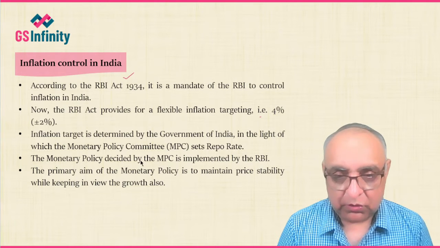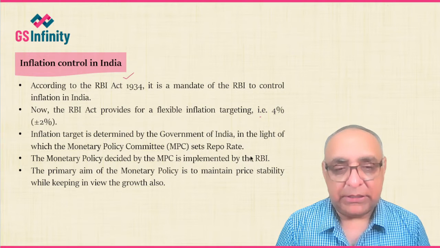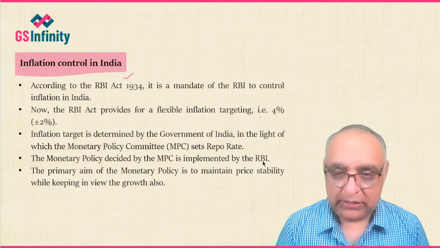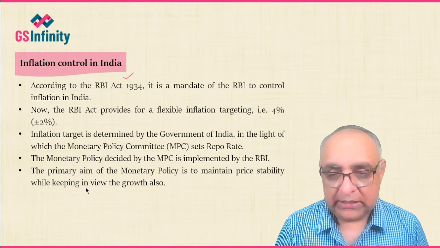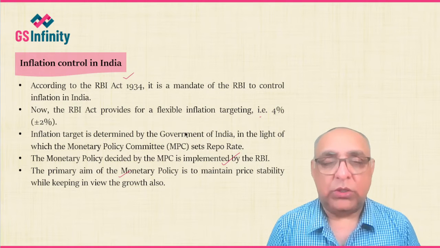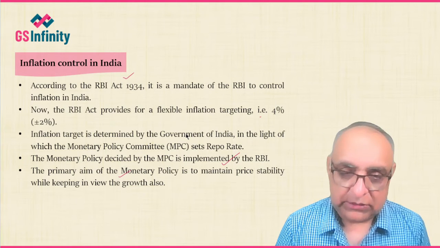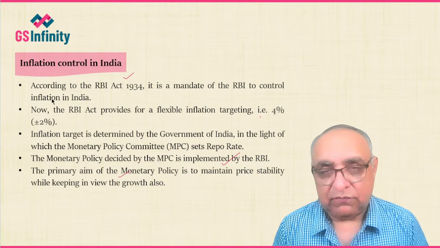The monetary policy decided by the Monetary Policy Committee is implemented by the Reserve Bank of India. The primary aim of the monetary policy is to maintain price stability while keeping in view economic growth as well, though the primary aim is to maintain price stability. So this was about the first question.